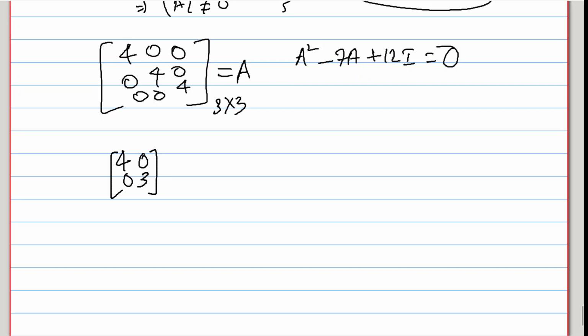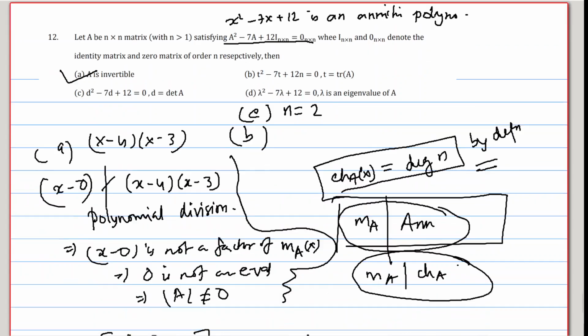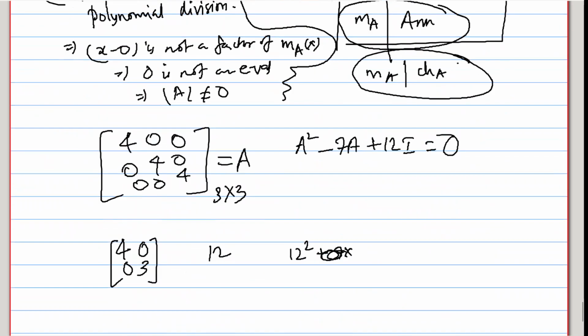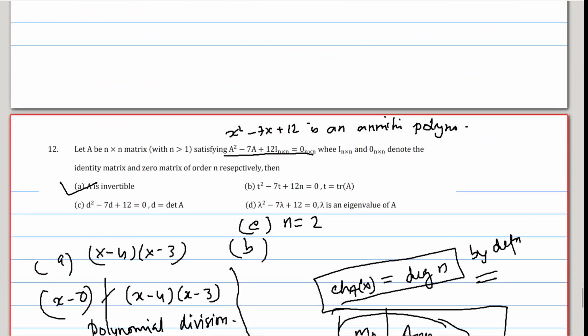What will be the determinant? 12. So 12 squared minus 7 into 12 plus 12 will not be 0. This will be 12 squared minus 12 into 7 plus 12. This is not 0, so this is false.